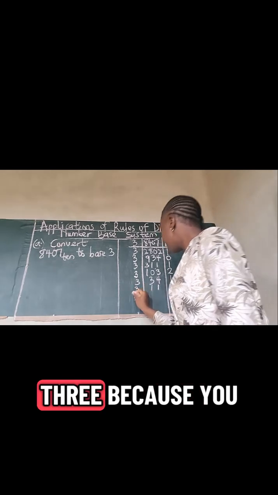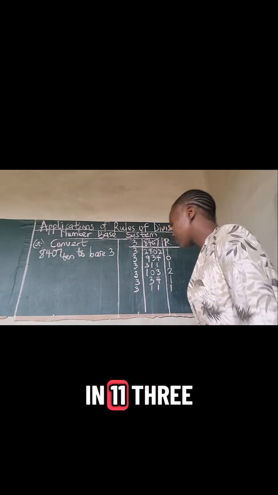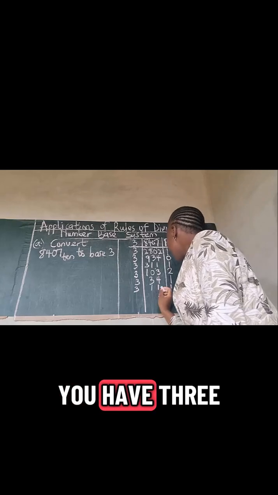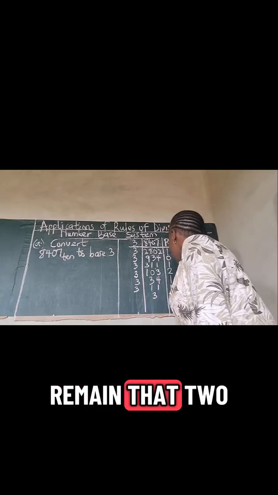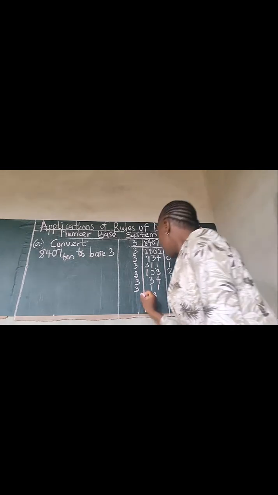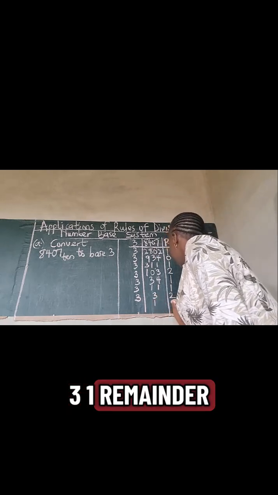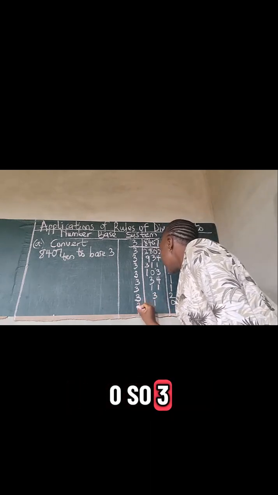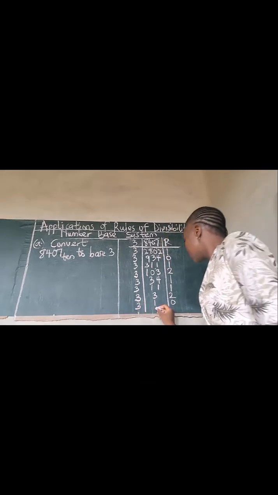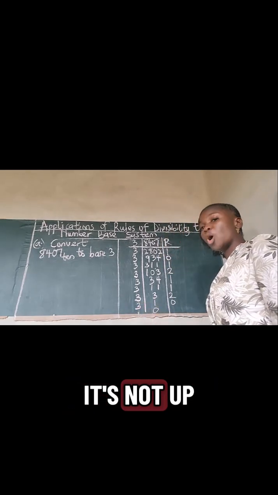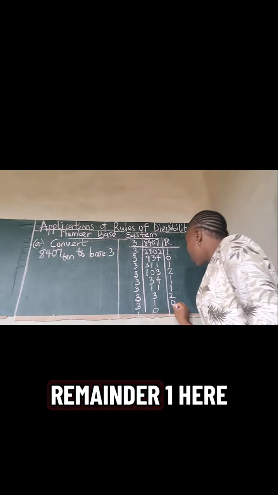Again, bring out your 3. 3 in 11, you have 3, remainder 2. Bring out your 3 again. You have 3 in 3, 1, remainder 0. So 3 in 1, that's 0, since it's not up to 3. So you have your remainder 1 here.